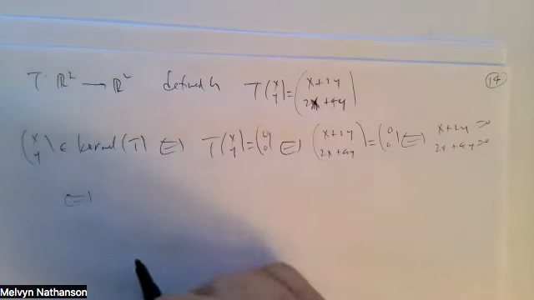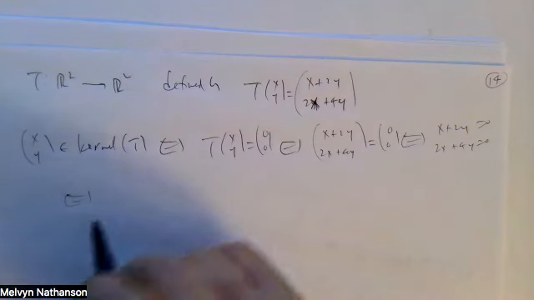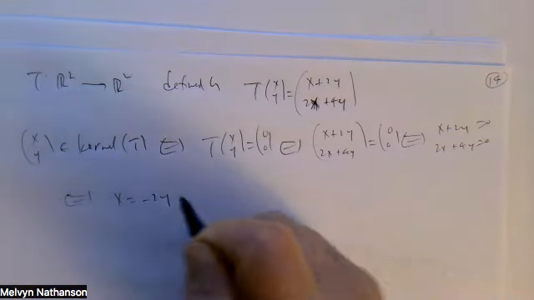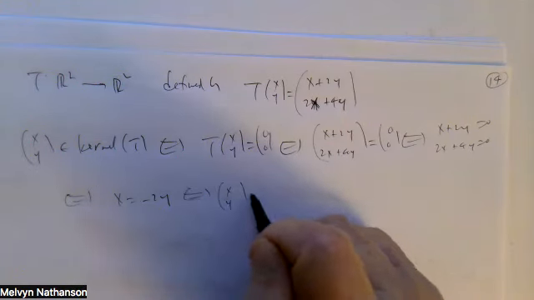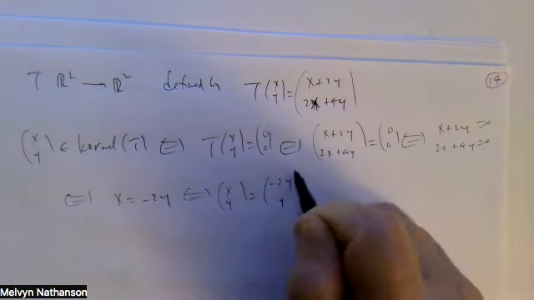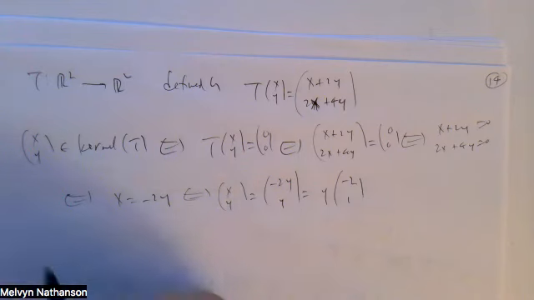And this is the same as saying if and only if the solutions of that equation, there are infinitely many, x equals minus 2y. So if and only if the vector (x, y) is (minus 2y, y), or y times the vector (minus 2, 1).